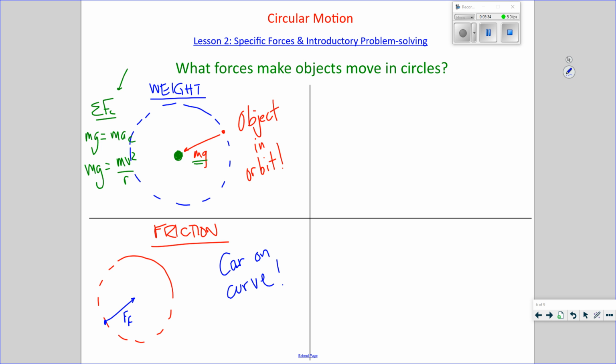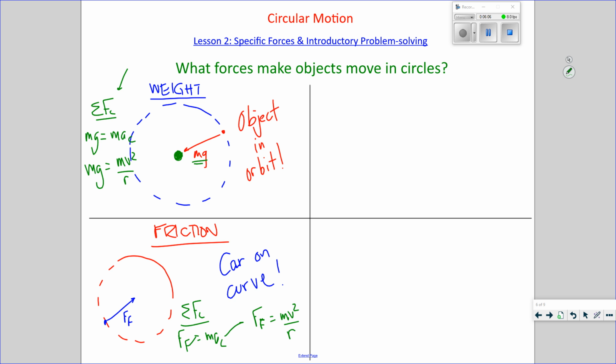So the only reason a car can make it around a turn is because of friction. Friction will act as a centripetal force for a car going around a curve. So our net FC statement says the friction force equals mac, or the friction force equals mv squared over r.